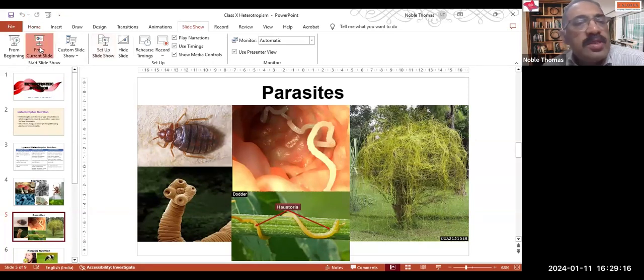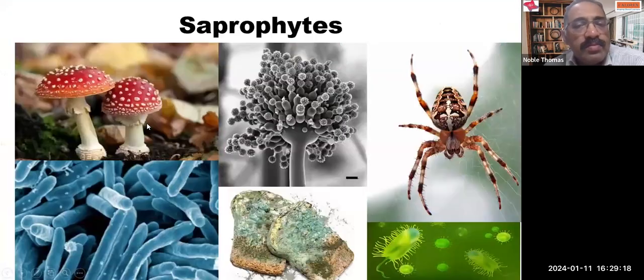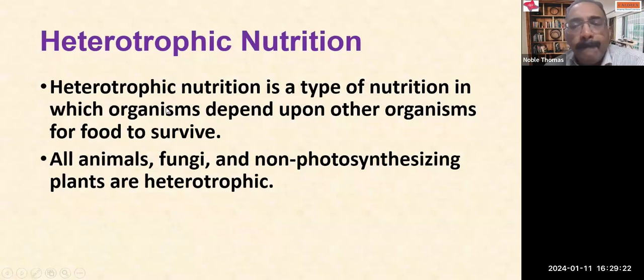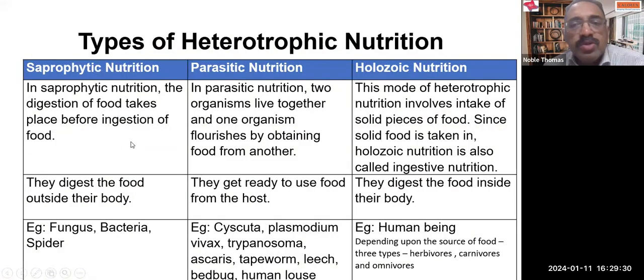The second part of this is heterotrophic nutrition, where the organism depends on another organism for its nutrition. That majorly includes three category types: saprophytic nutrition, parasitic nutrition, and holozoic nutrition. All three are subtypes of heterotrophic nutrition.